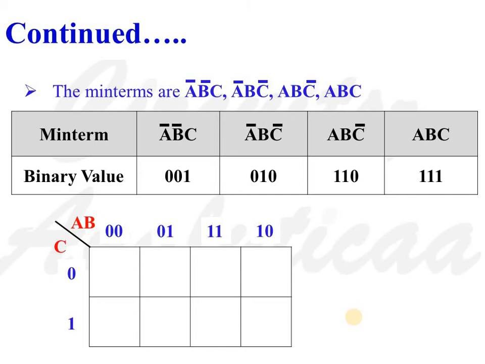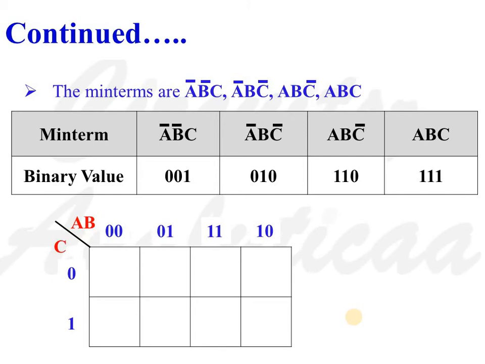B is also present in complemented form, so that becomes again 0. And C is in true form, so in the binary value, C will be present as 1. So binary value of minterm A bar B bar C is 0, 0, 1.